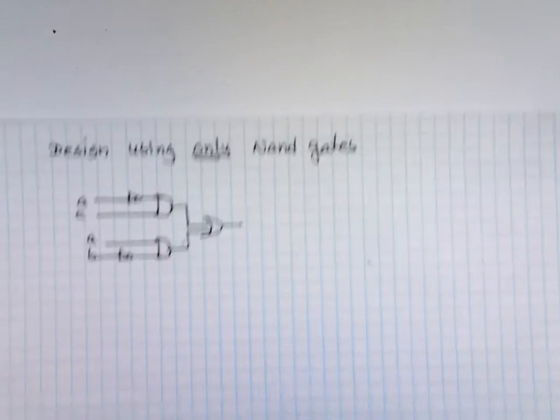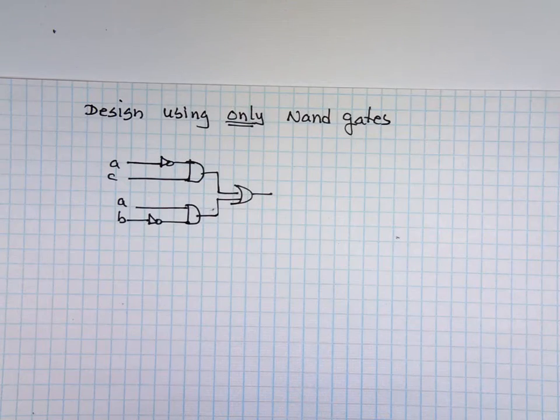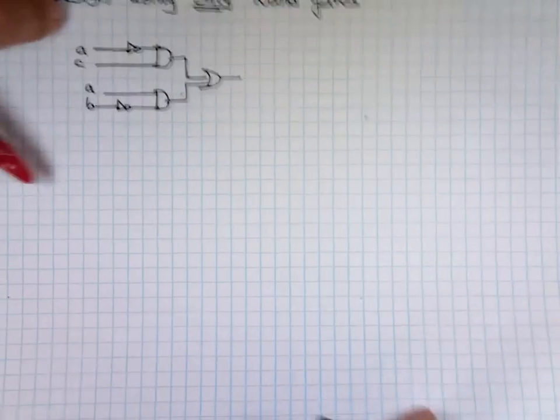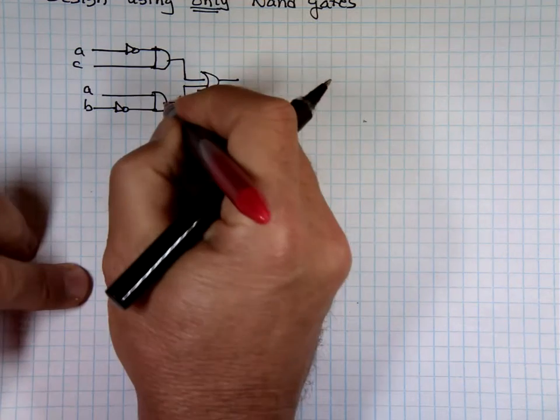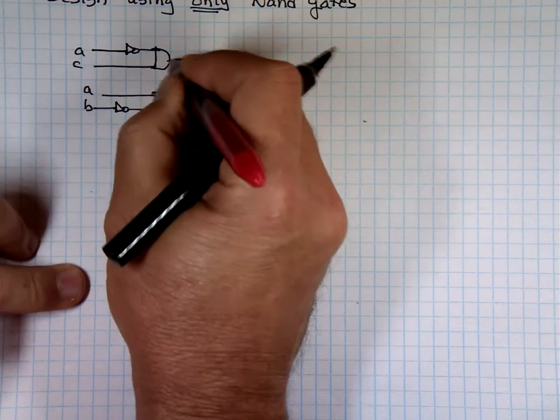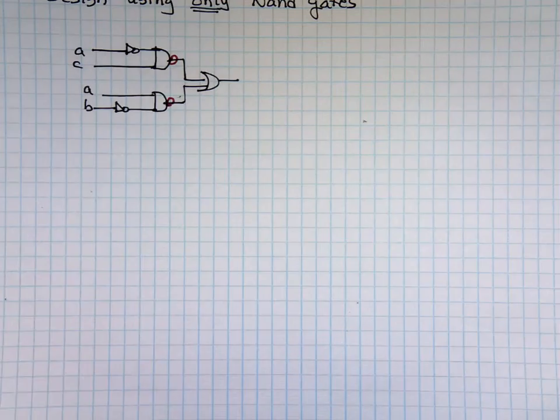I said, I don't want to use AND, I want to use NAND. I said, well, NAND, that means I got to use these gates. Right? That's what a NAND gate.